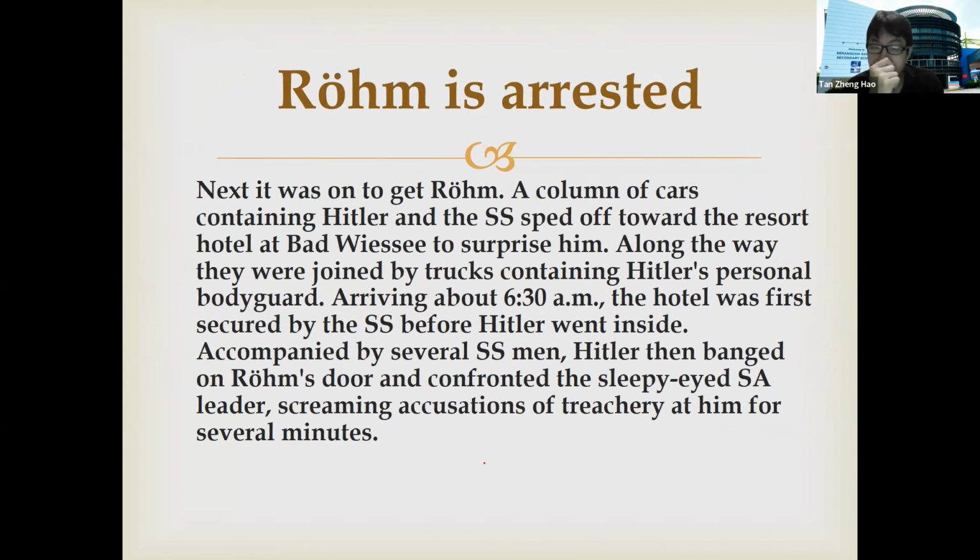You can see that it was quite early in the morning at 6:30. He ran to Röhm's hotel, and they were accompanied by this group of people called the SS. The SS are like an elite group of the party.